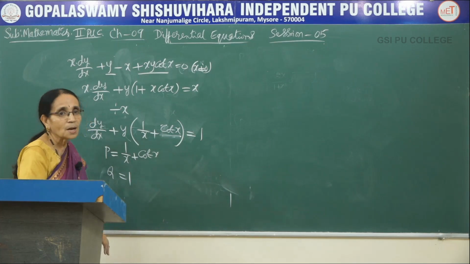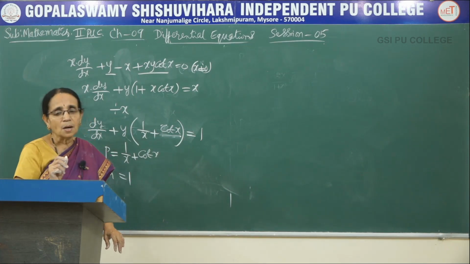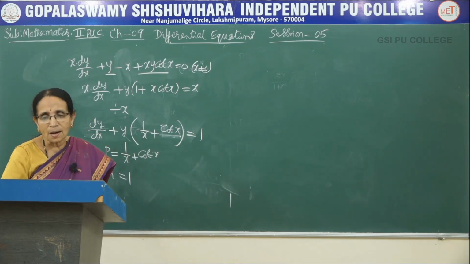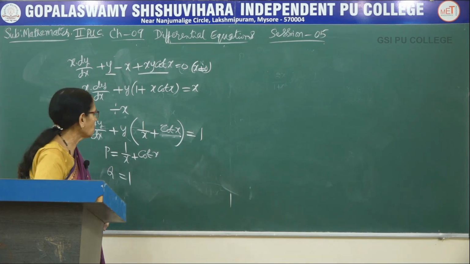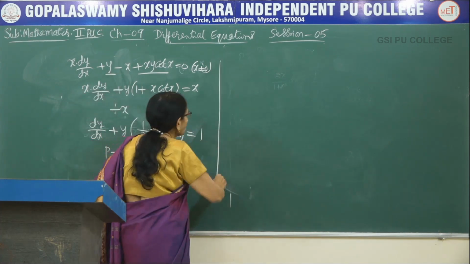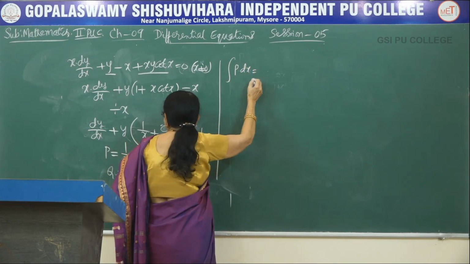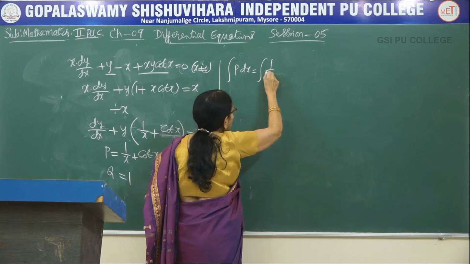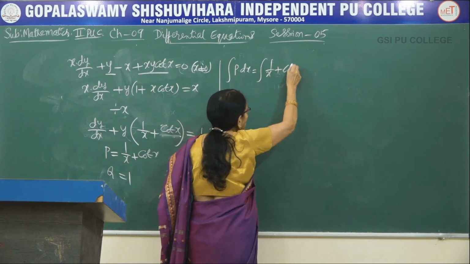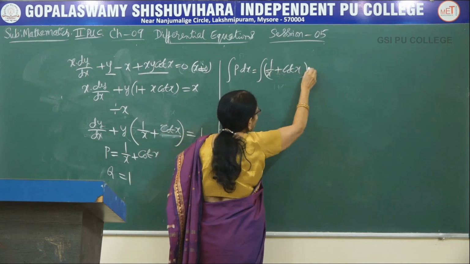Q in this case is a constant. I told you already, p and q would be either constants or functions of only x. Now let me consider integral p dx. Integral p dx, that is integral 1 by x plus cot x into dx.